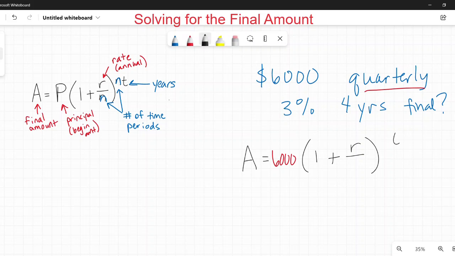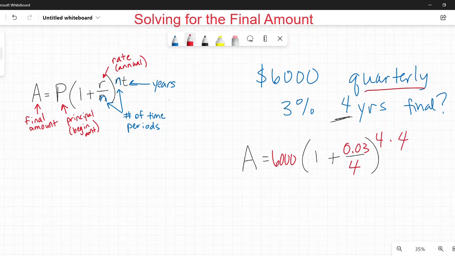So I'm going to replace that n with 4. It said it's 3%. So I'm going to write this in for the rate. Make sure to write it as a decimal, not decibel. And it happens over the course of 4 years. So I replace that t with 4.